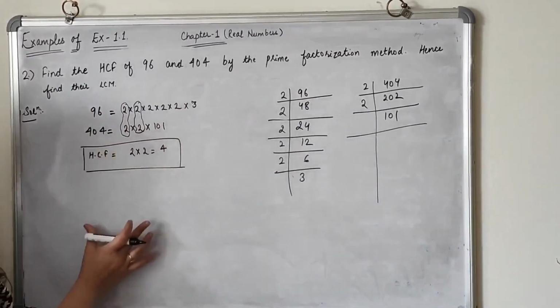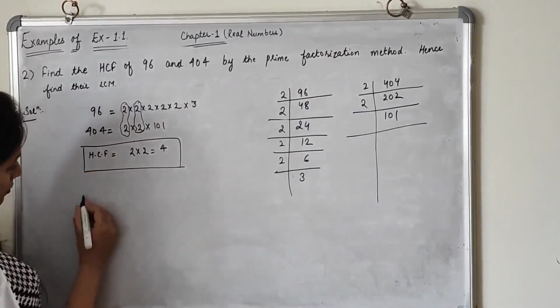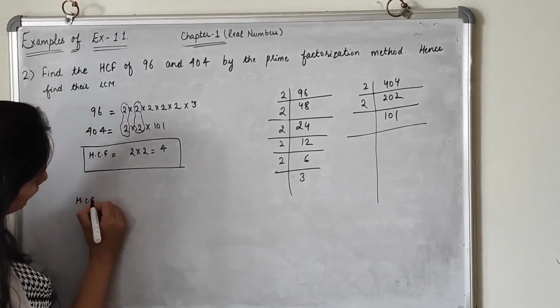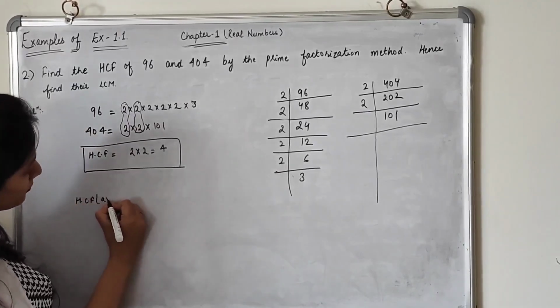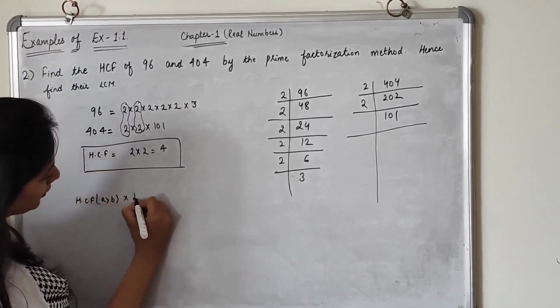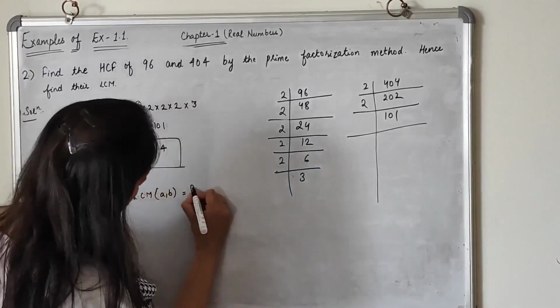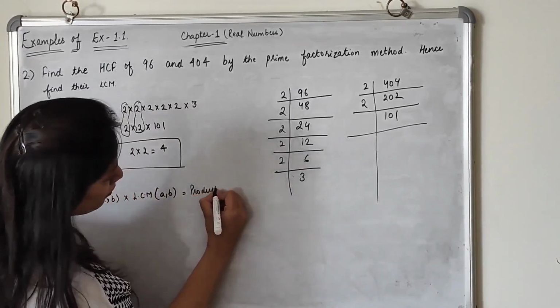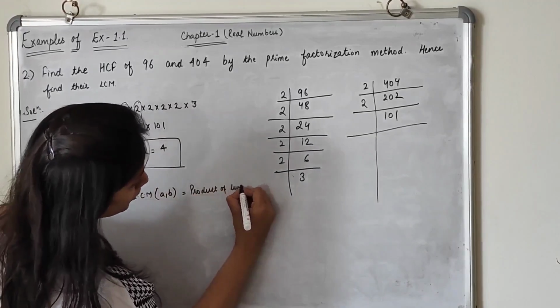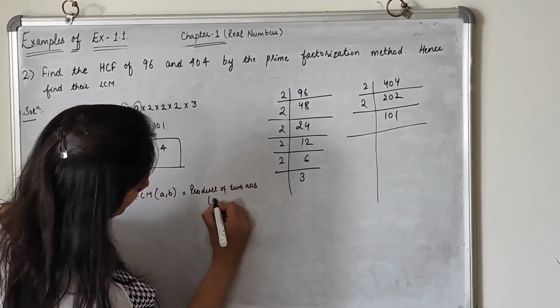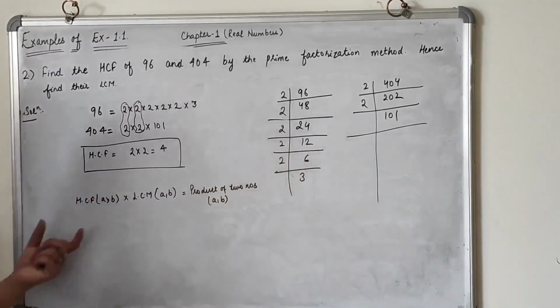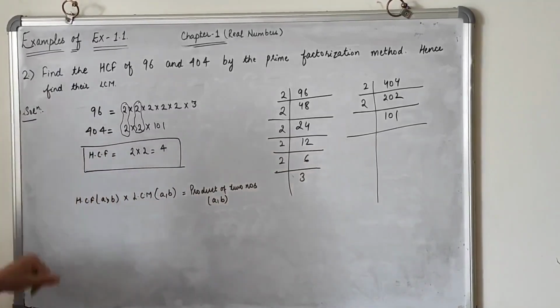Yes, and also find their LCM. So there was one formula: HCF of A, B multiplied by LCM of the two numbers is equal to the product of the two numbers, A comma B. What is the HCF of these two numbers? That is 4.